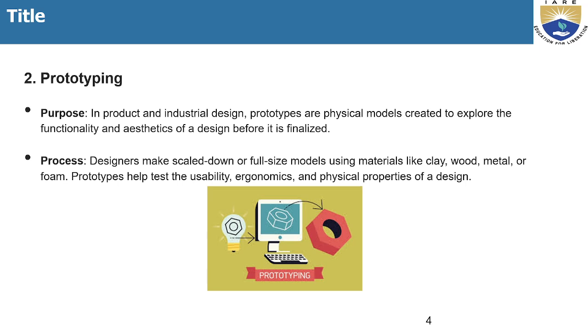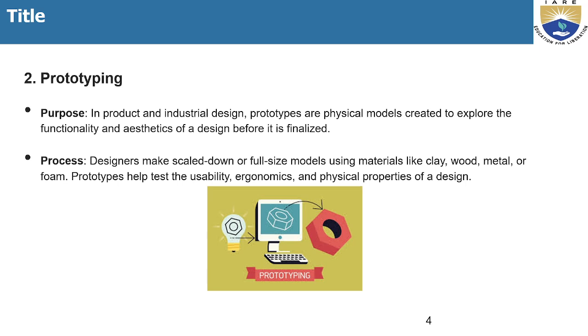Purpose. In product and industrial design, prototypes are physical models created to explore the functionality and aesthetics of the design until it is finalized. So firstly the design is done and then the prototype is done, where a physical model is created and checked to see how it is working and whether it achieves our main goal or not, with a single piece.